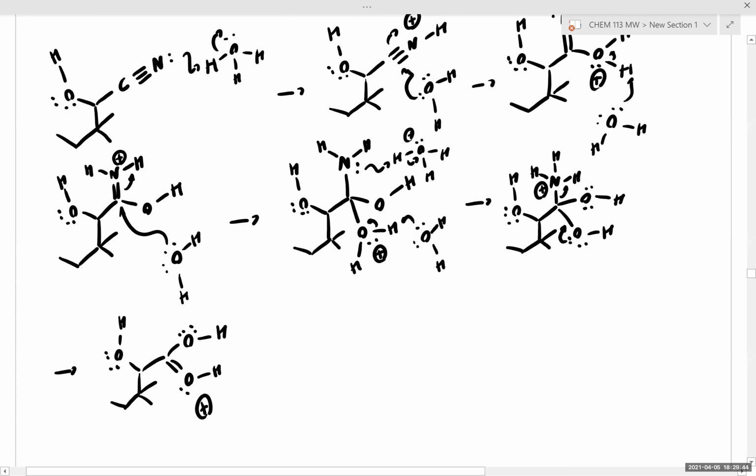What's our last cleanup step if we want to isolate a neutral product? Deprotonate with water, exactly right. And that in turn gives us our final isolable carboxylic acid derivative.